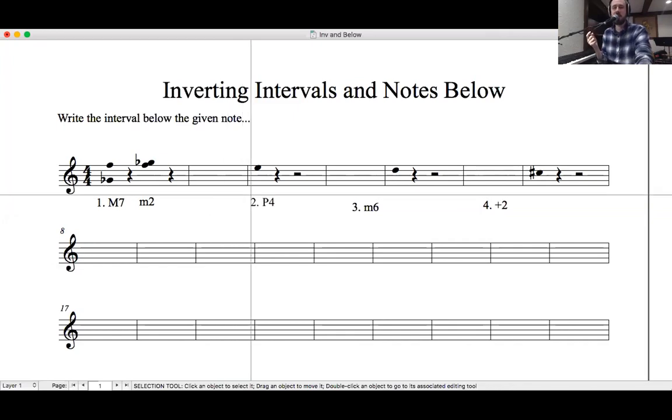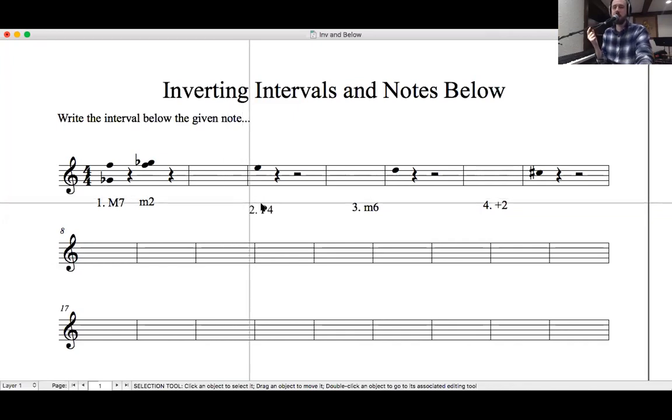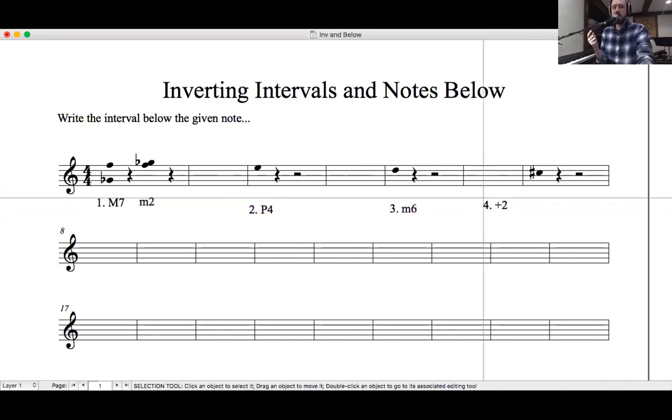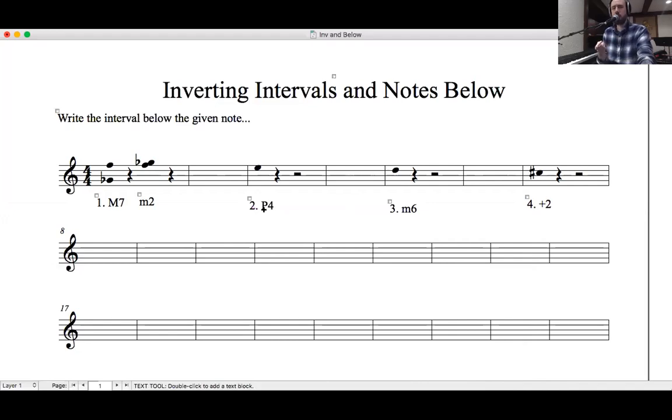Okay, let's do it again. Let's do this one over here. Perfect fourth. I'm going to do the long way first here. Let's use our inversion. So, what interval does a perfect fourth invert to? It inverts to a perfect fifth, right?